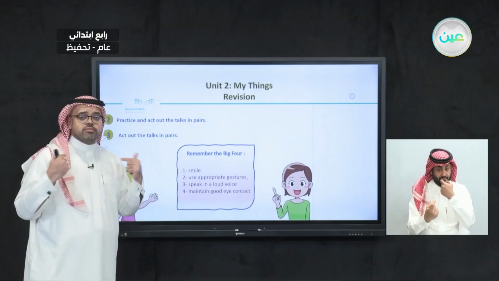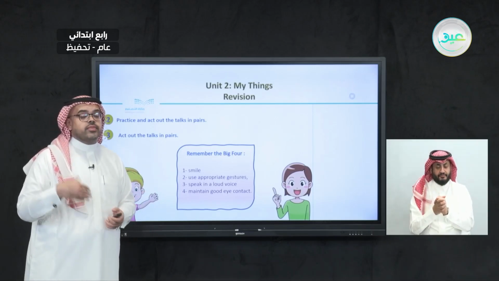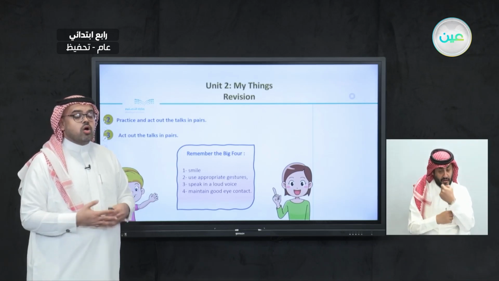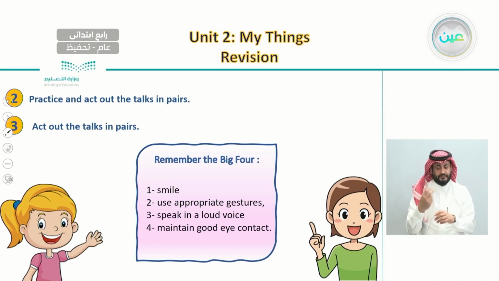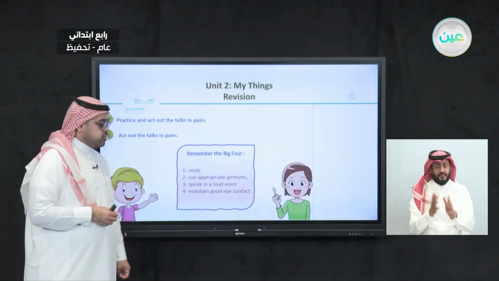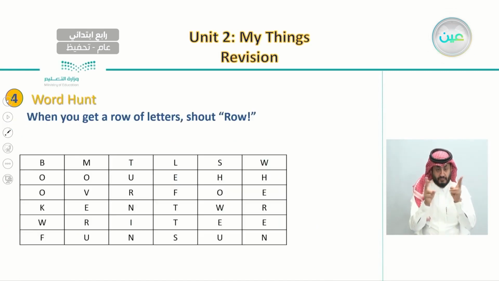You always put a smile when you ask the question, "Can I have some candy?" or "How many of them?" Also to use appropriate gestures with your hand. The third thing is to speak in a loud voice where everybody can hear you, and also to make good eye contact with the person in front of you.